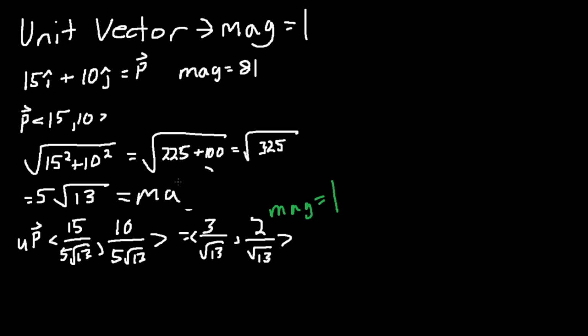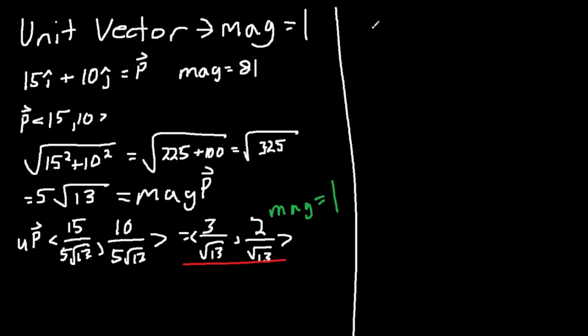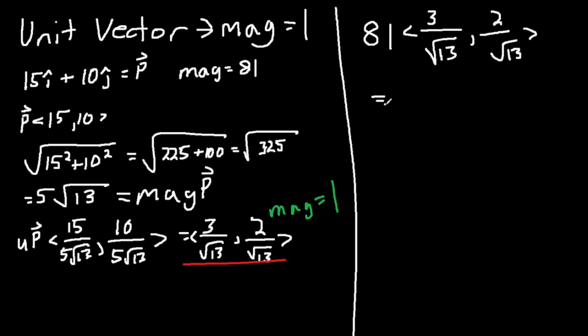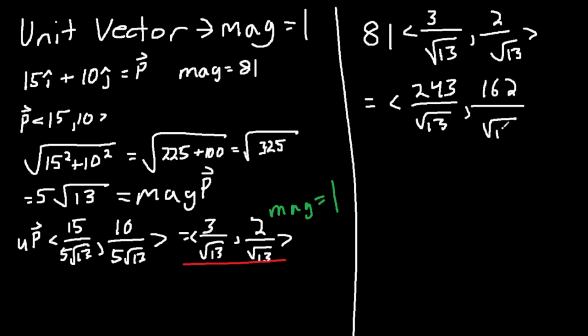So let's multiply the unit vector by 81. 81 times 3 over square root of 13, and 2 over square root of 13. Multiply 81 by each value here. 81 times 3 is equal to 243 over square root of 13, and 2 times 81 is equal to 162 over square root of 13.